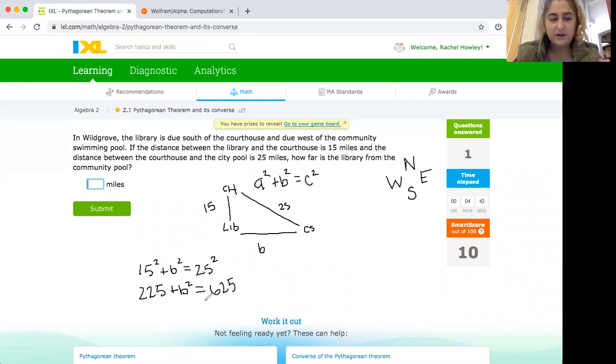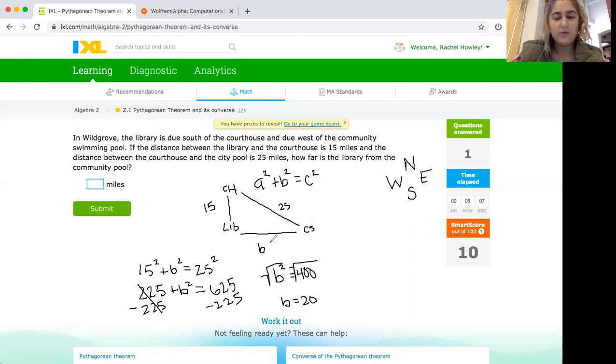So the next thing I'm going to do is subtract 225 from both sides. I end up with b squared equals 400. So when I take the square root of both sides, I end up with b equals 20. So the distance between the library and the community swimming pool is 20 miles.